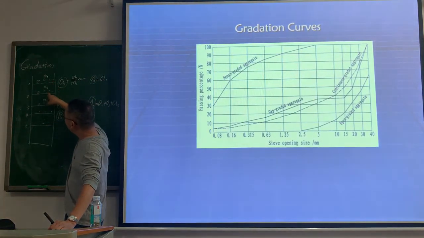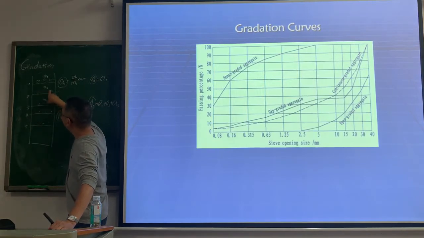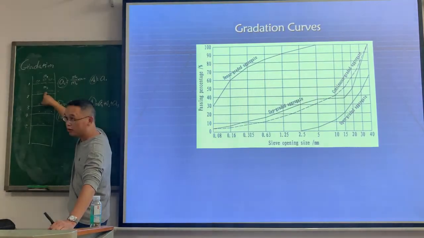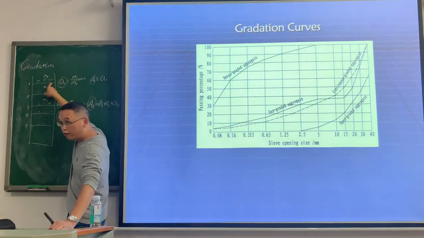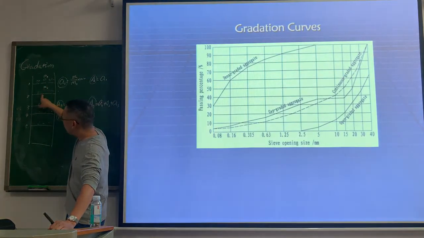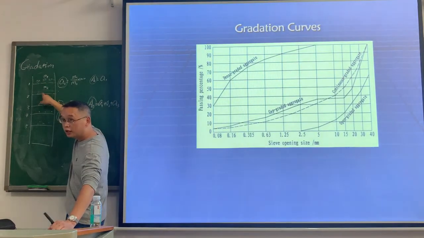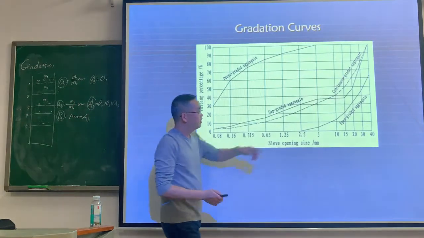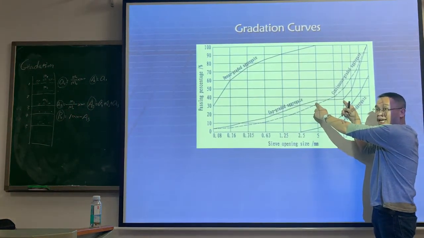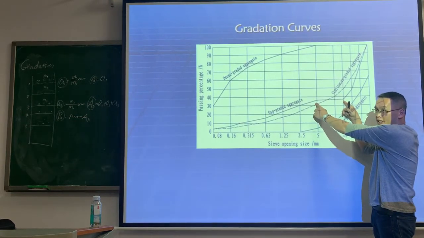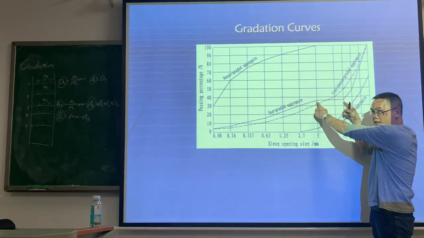Because if there is no aggregate at a stage, the passing percentage of one and the passing percentage of two are the same. If they are the same, it means what? Like this one, it's the gap grading.